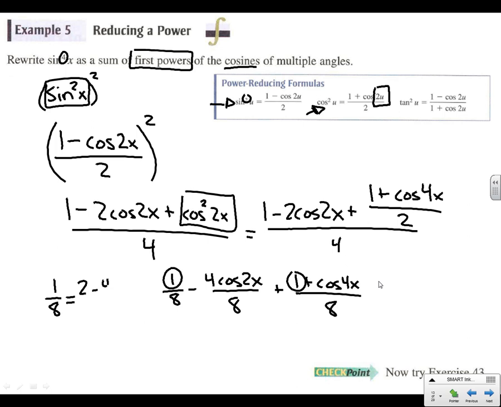Minus 4 cos 2x plus cos 4x, so 1/8 times 1 plus 1 is 2 minus 4 cos 2x plus cos 4x.